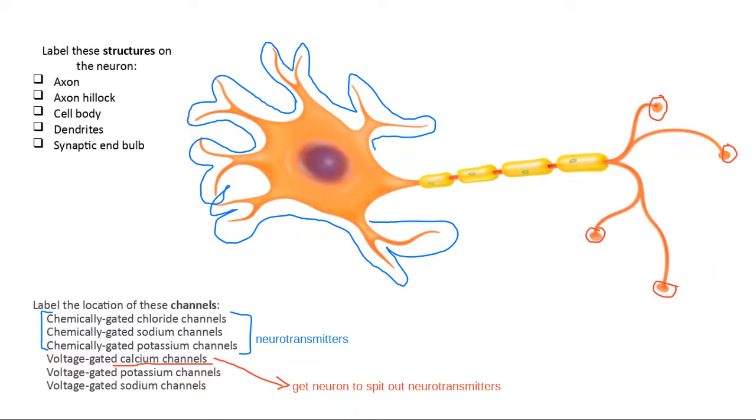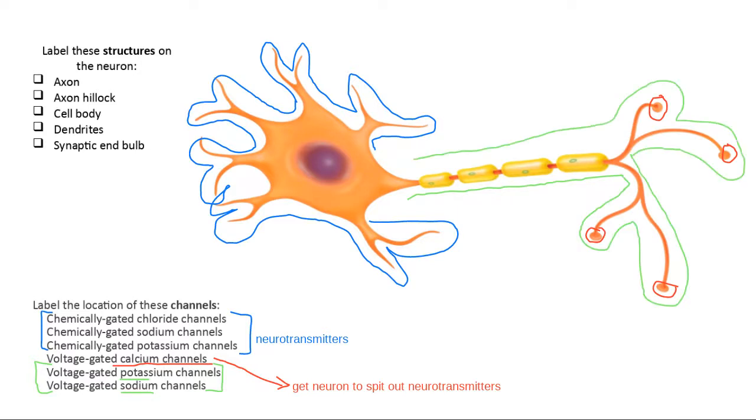But anywhere the membrane charge changes, because that's the job of the voltage-gated potassium and voltage-gated sodium channels, anywhere we're sending a message, so all along the axon and my axon terminals, I'm going to have voltage-gated sodium channels and voltage-gated potassium channels.